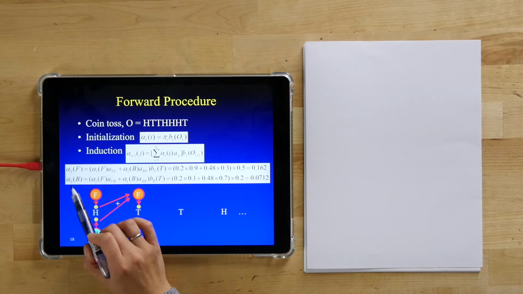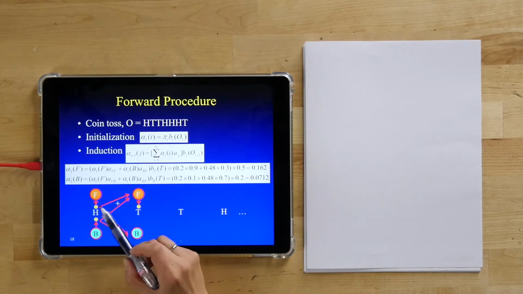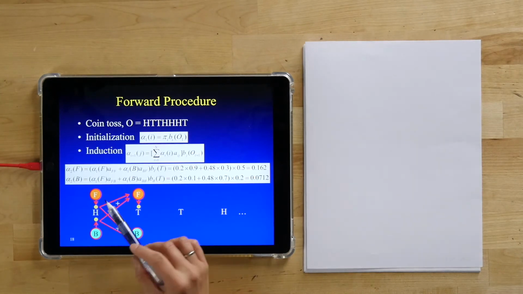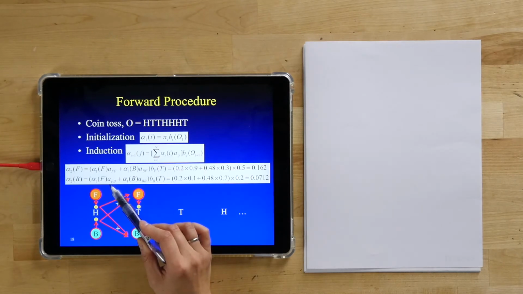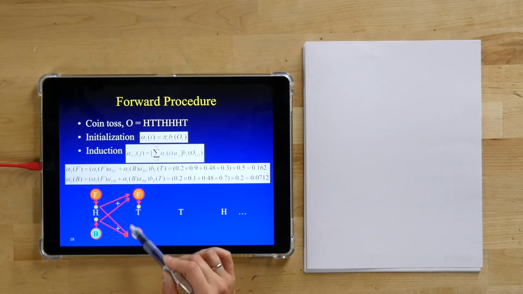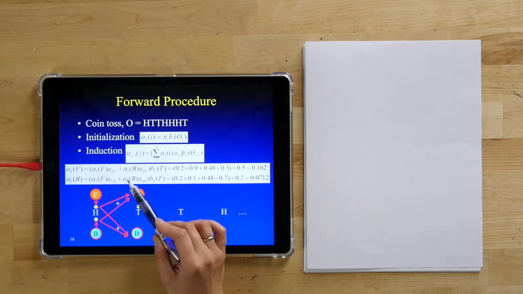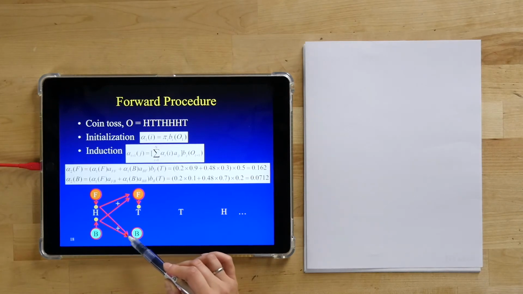But then we can also look at the next, the bottom one. Also, there's a red dot in here. So you can see here, in order to use a bias coin, I either previously used a fair coin, and then I transition from a fair to a bias, or I can inherit this yellow dot in here, and then transition from a bias to a bias.